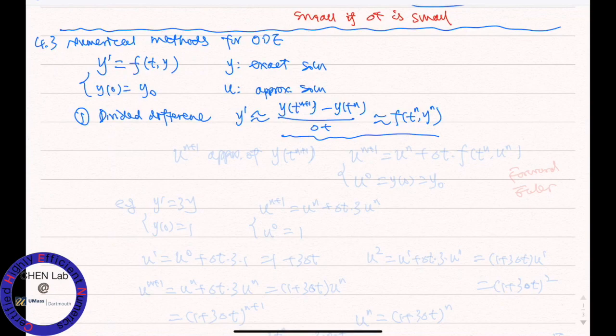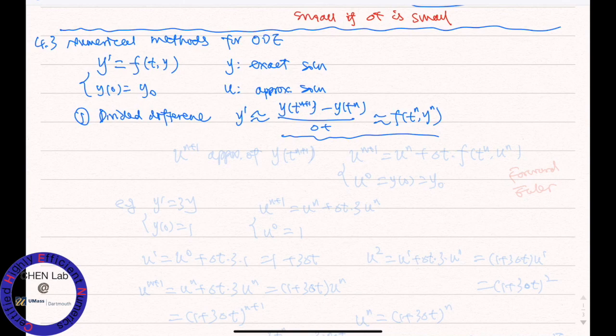So what we do is multiply both sides by delta t and move the y(tn) to the right, and we come up with an approximation to y. This is not exactly the exact value of y, so we're going to rewrite that as u.